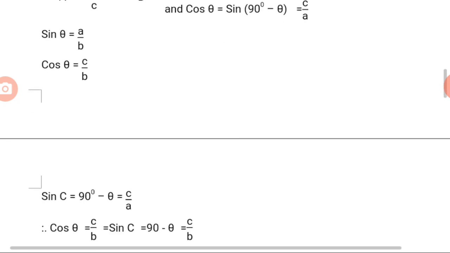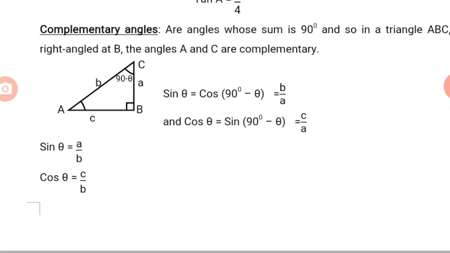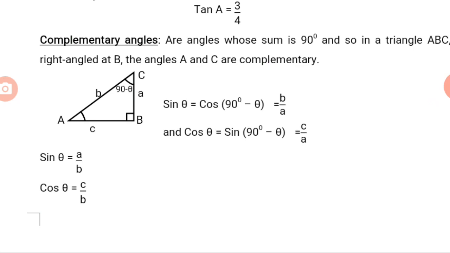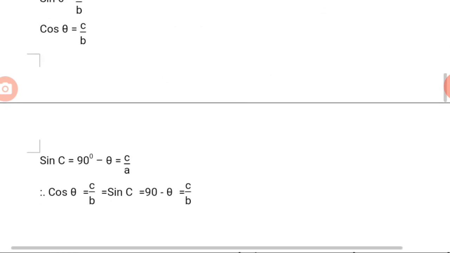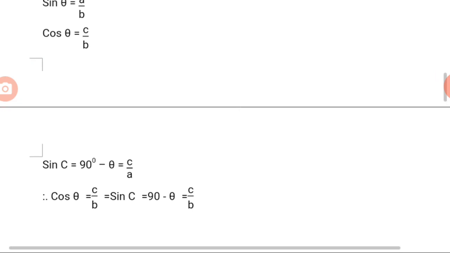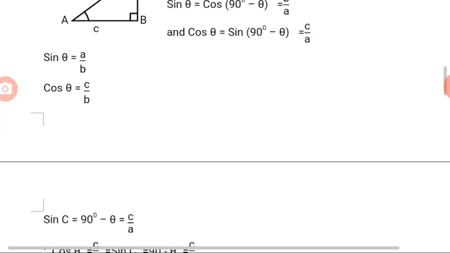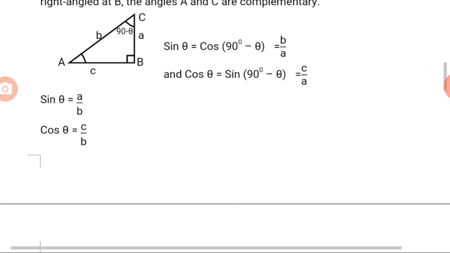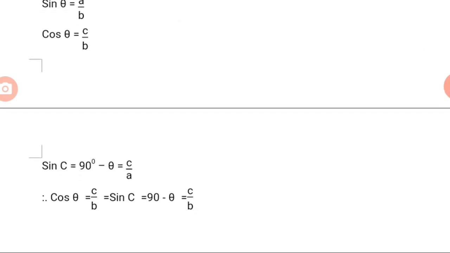Are we together? Sin C is equal to sin of 90 degrees minus theta, which is equal to c all over a.